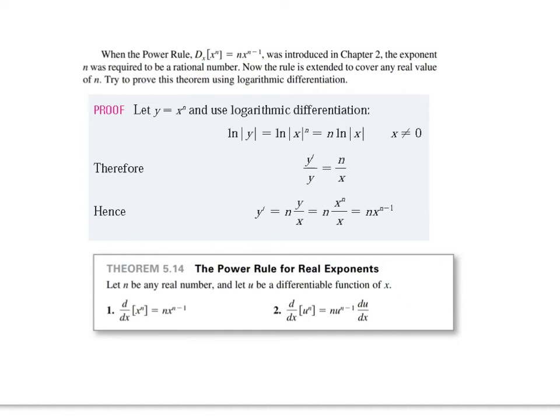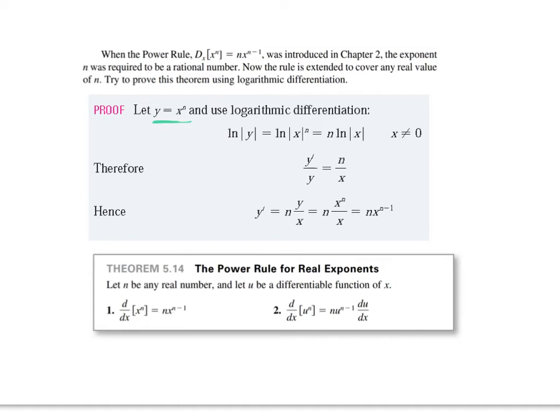If we use logarithmic differentiation, which you probably have forgotten by this point, so quick review of logarithmic differentiation. You begin by taking the natural log of both sides of your equation. We use this, by the way, on really complicated functions, where the stuff we're dealing with on the right side of the equation is particularly ugly and we just don't want to have to differentiate when it's in that form.